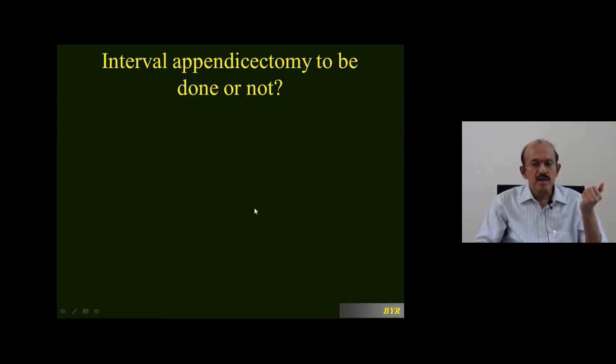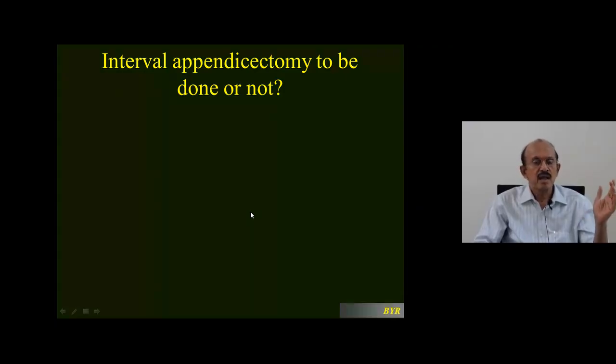Some surgeons didn't operate. They just followed the patient. They asked the patient to come every month to their clinic, and they examined the patient to see what would happen. They selected a group of appendicitis patients who were treated by the Ochsner-Sherren regime, and followed them for 1 year, 2 years, 3 years.